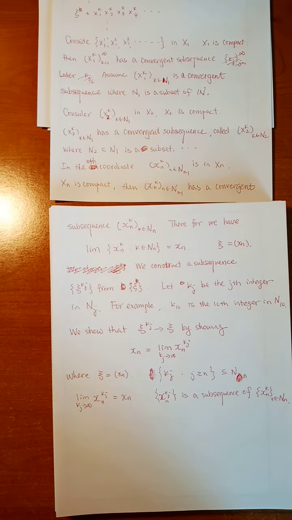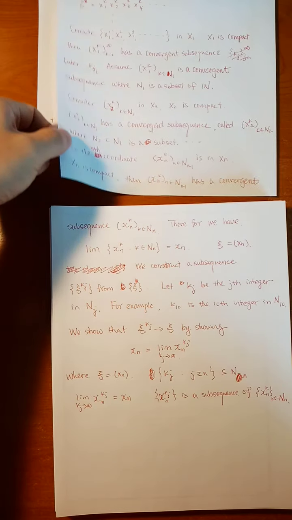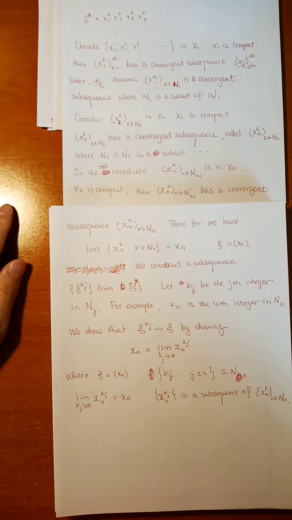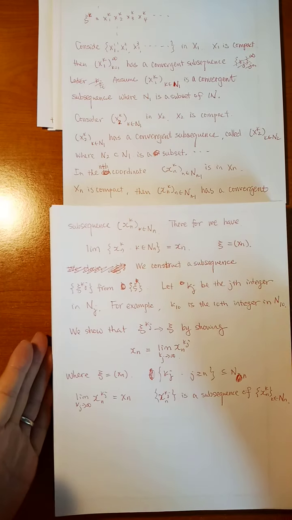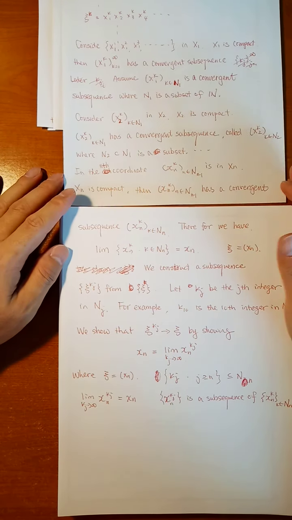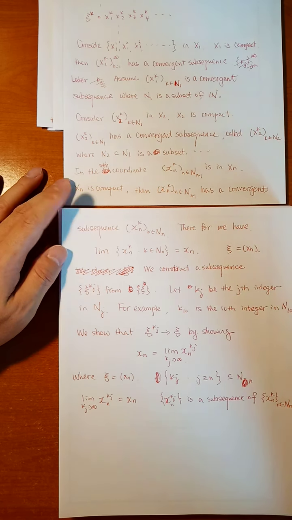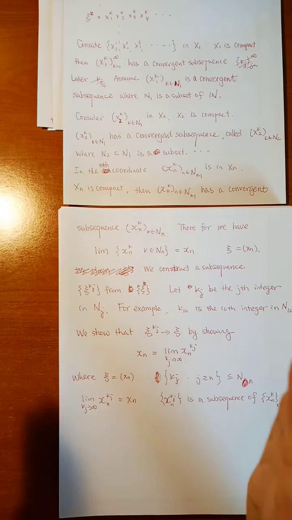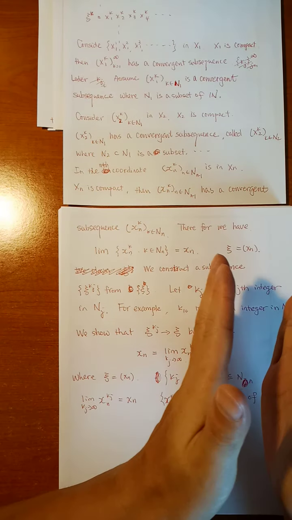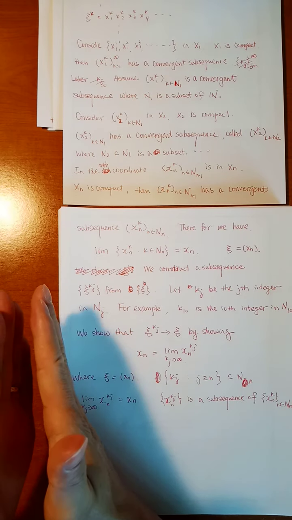Okay, so for this problem, I'm not so sure if I made this clear because it's a little bit scattered. There are several steps, especially this diagonalization process. The diagonalization process just helps us guarantee that when you move to the next step, you still keep the result from the previous steps.